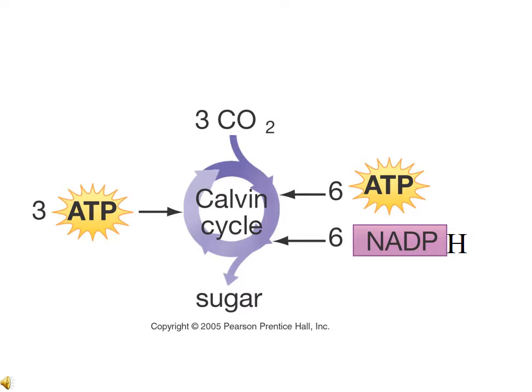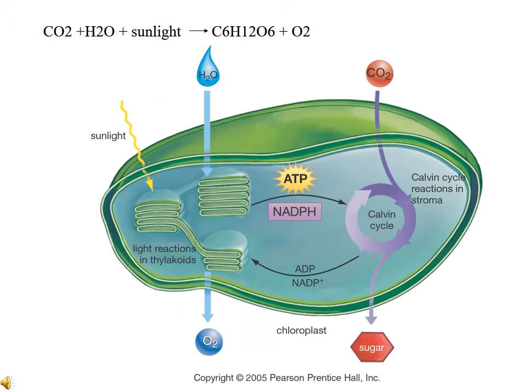All this is used to drive the Calvin cycle, so that carbon dioxide comes in and sugar comes out, and this, of course, is what we will utilize in the process of respiration. Again, we can look at the overall picture. Carbon dioxide plus water plus sunlight gives us carbohydrates plus oxygen. And you can see how this overall picture falls in place.